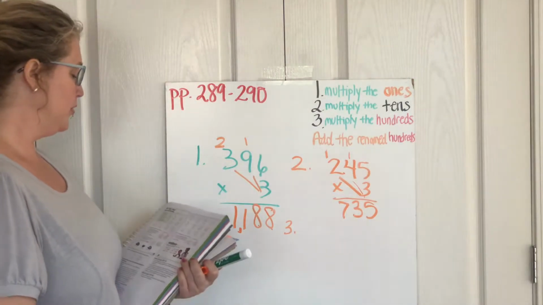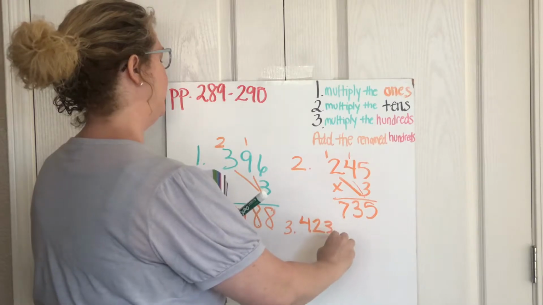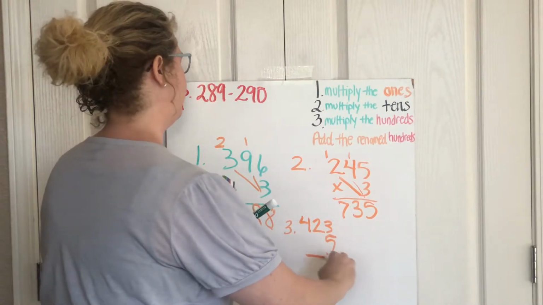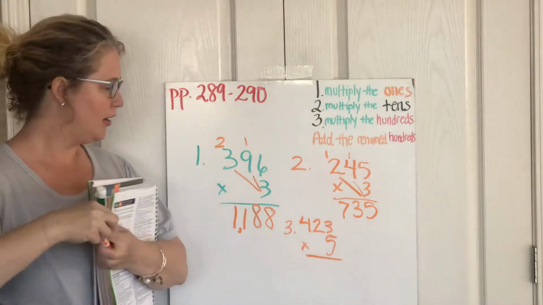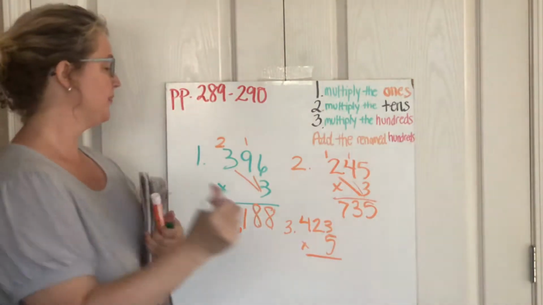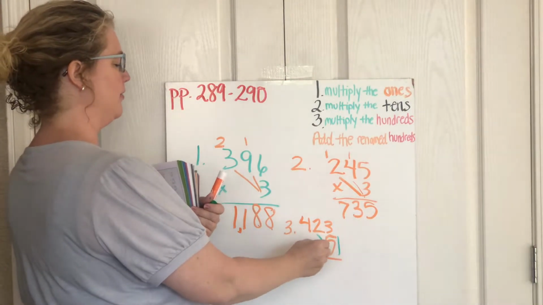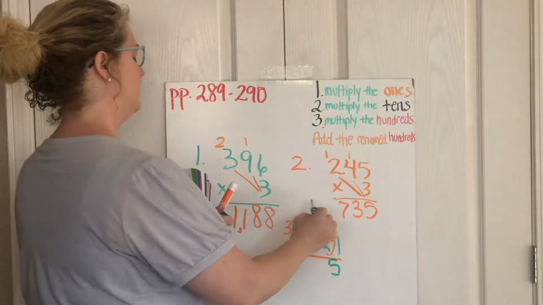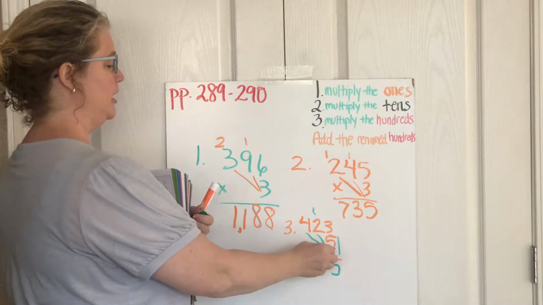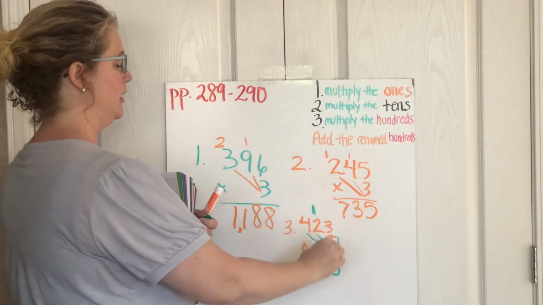Number 3, 423, let me bring it up here, times 5. All right, first step, multiply the ones. 5 times 3, last week we went up and over, right? 15. Multiply the tens, 5 times 2, 10, plus 1 is 11.